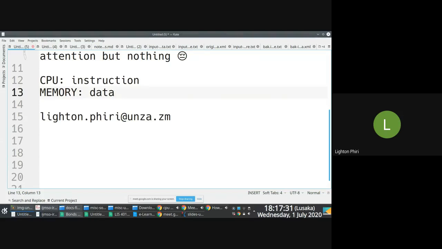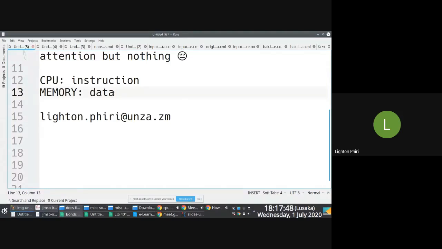So it's how can I put this? The throughput could be anything. Throughput could be the rate at which data is being moved around, the rate at which instructions are being moved around on that component. It could be anything.